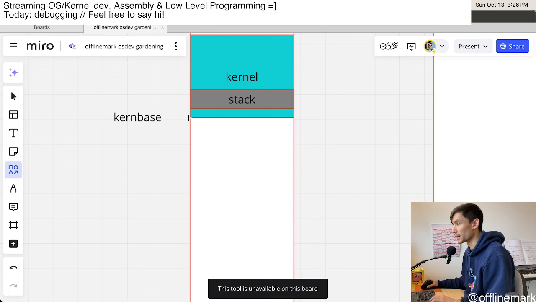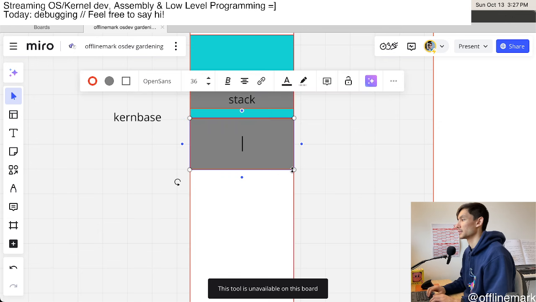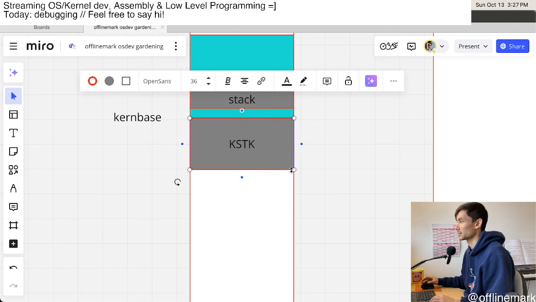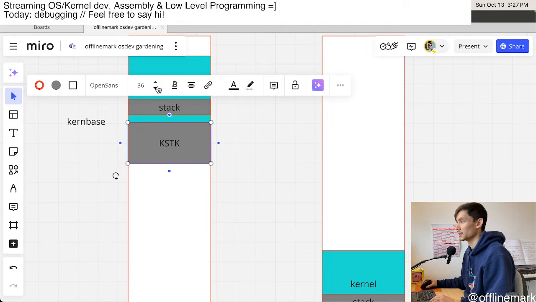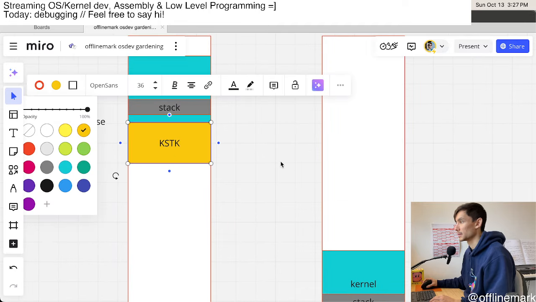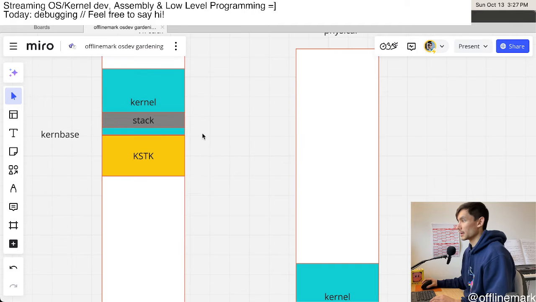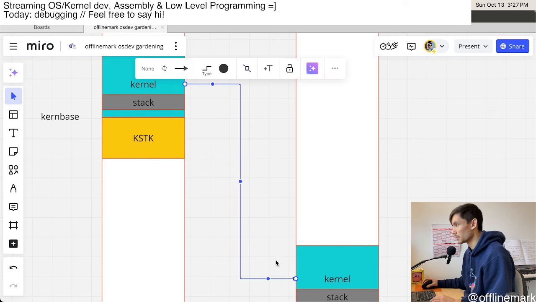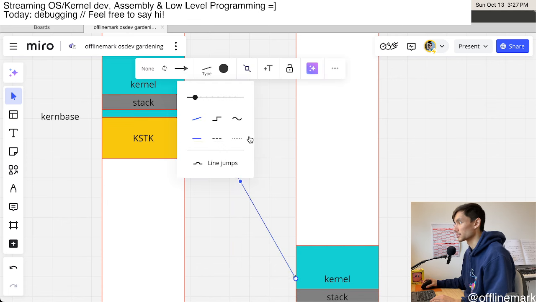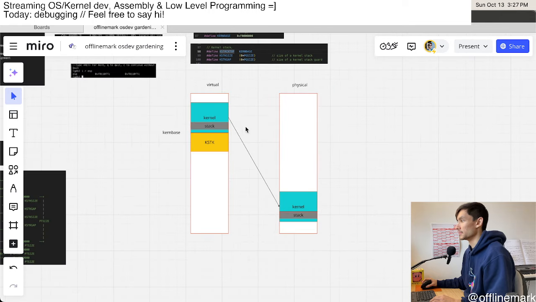Immediately below that is k stack, basically. And this region maps here. It's on a straight line. Yeah, I'm going to move this down here specifically.